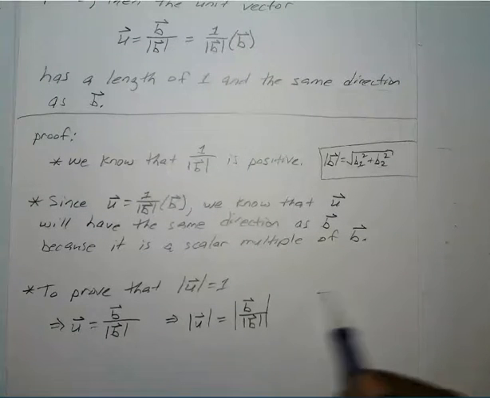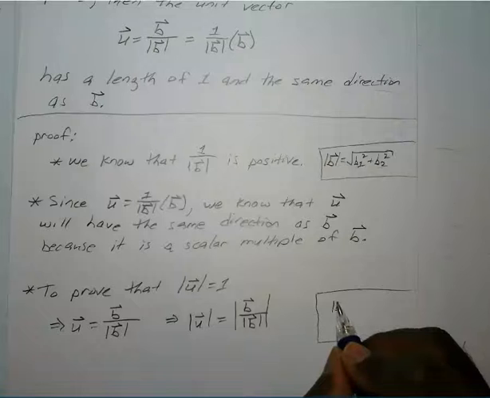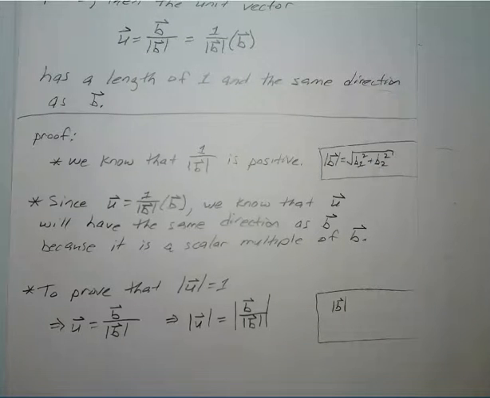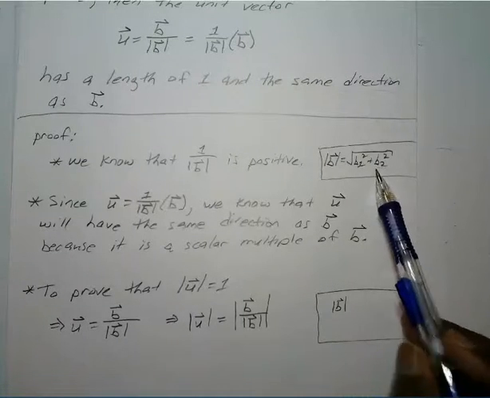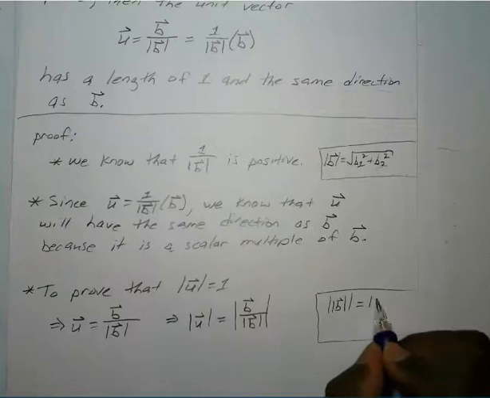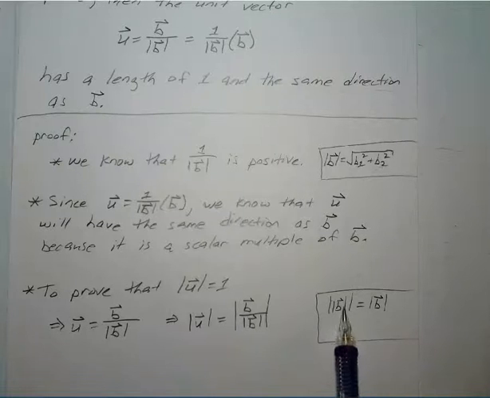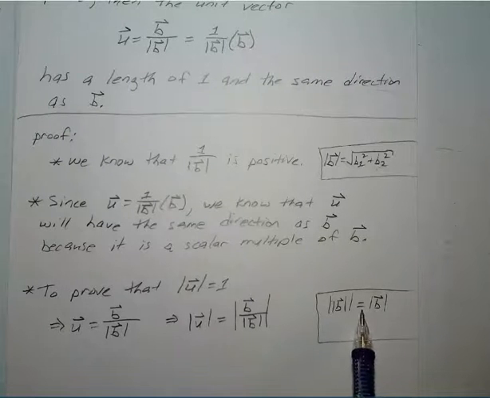Now the one thing we know is that the magnitude of the b vector is just going to be a scalar. If we take the magnitude of a scalar, that's just the same thing, because the magnitude of 1/2 is just going to be 1/2.